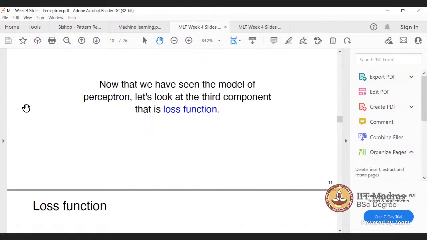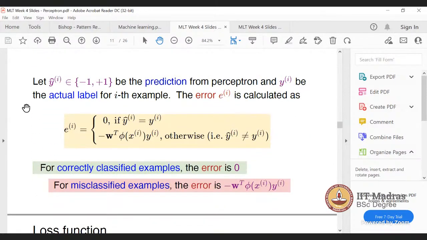And the perceptron loss function looks like this. The prediction error is defined as follows: if it is classified correctly, then we call the error 0, and if it is misclassified, that is, y_i is not equal to the predicted y_i hat, the predicted is not equal to the actual label, then the error is the linear combination times y_i.